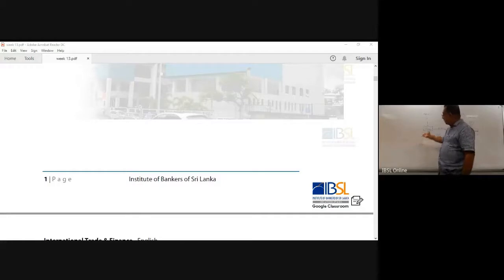Or if the credit is available by acceptance with a nominated bank, and the nominated bank does not accept the draft or bill of exchange, or they have accepted the bill of exchange but do not pay at maturity, then the issuing bank has to honor.